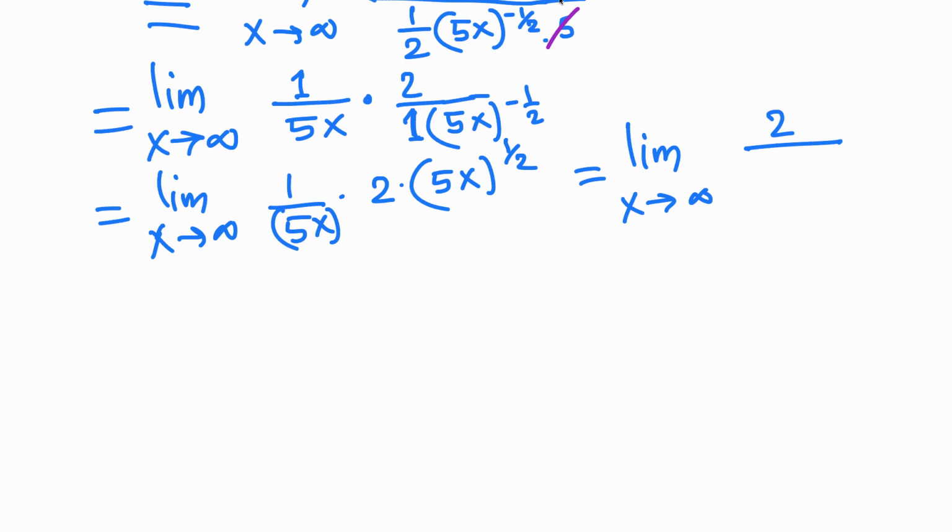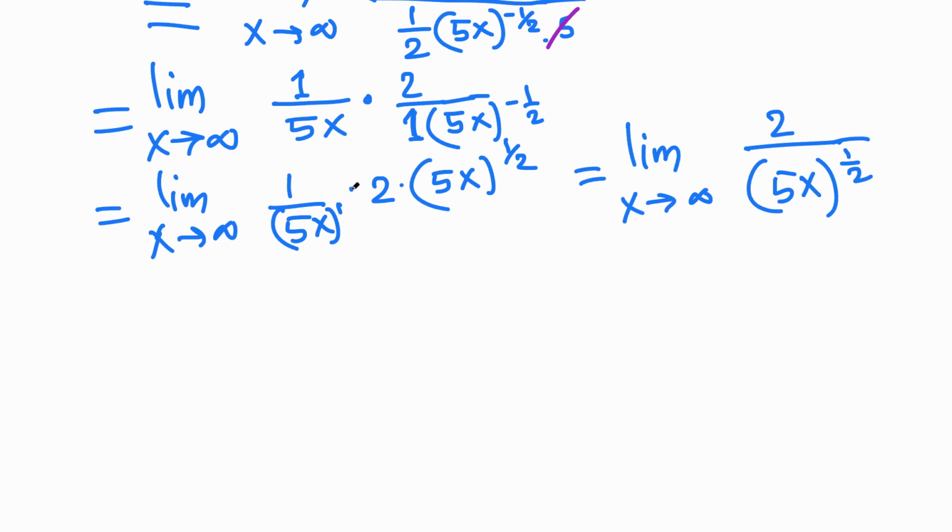Or we can just do it this way, 5x raised to 1 and 1/2, so 5x raised to 1, when we bring this to the bottom, minus 1/2, so 1 minus 1/2 is just 1/2, which is square root of 5x. Now we are ready to take the limit.